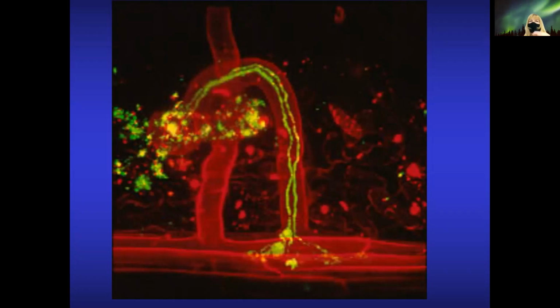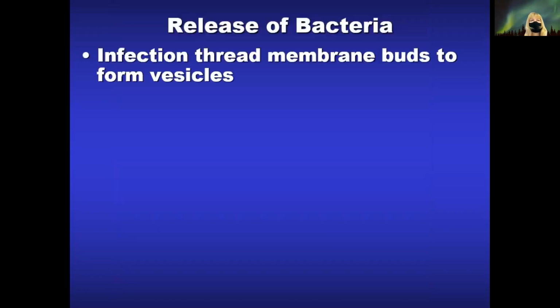Okay, so the bacteria have moved down the root hair and they go into the parenchyma cells of the root, and they start to set up camp, so to speak, in these different parenchyma cells, surrounded by the cell membrane. And so what's going on there?